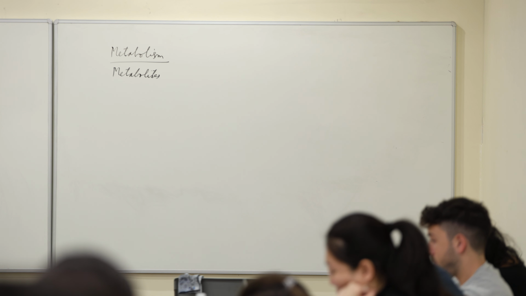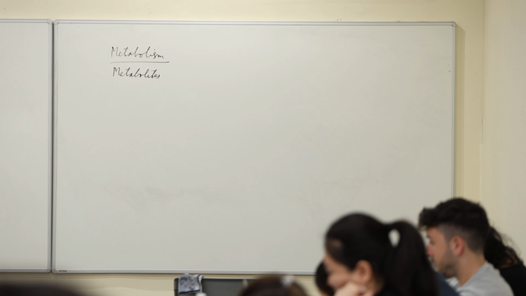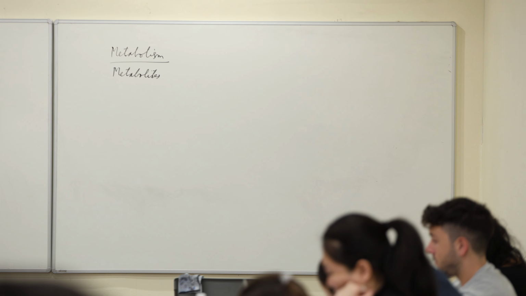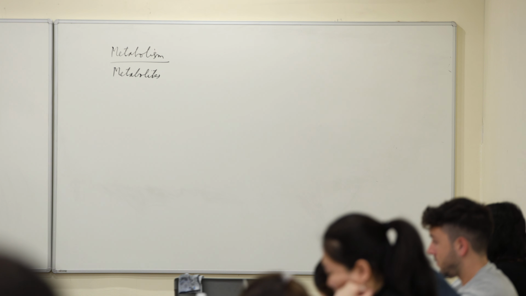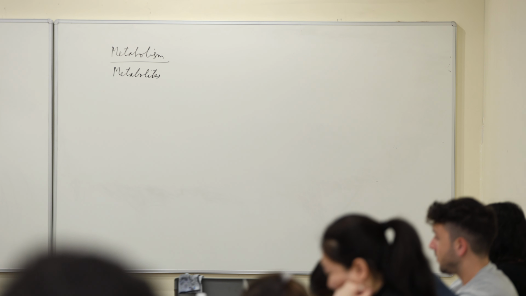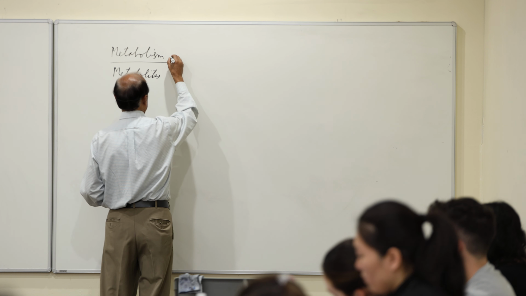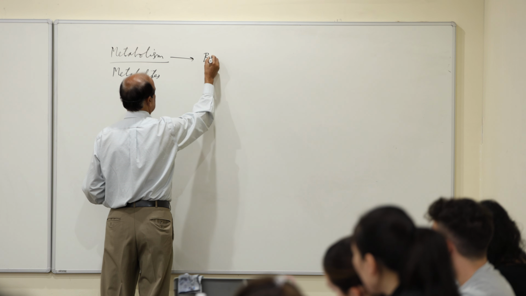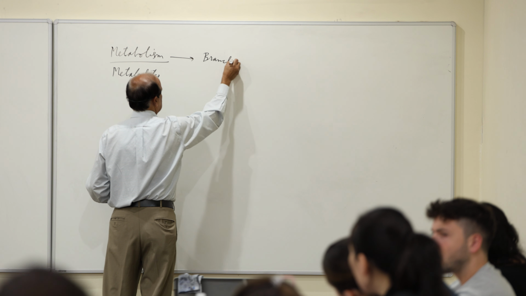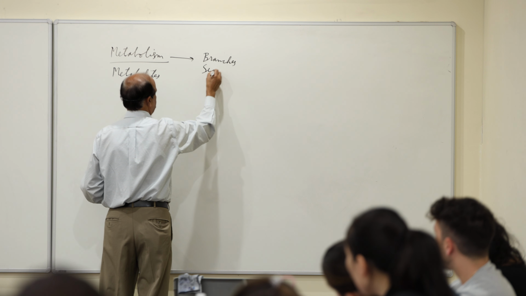Because we have different types of molecules that you do these reactions with, usually you can classify them as the different food groups like carbohydrates, lipids, proteins, nucleotides. So studying these will be called the branches or segments.